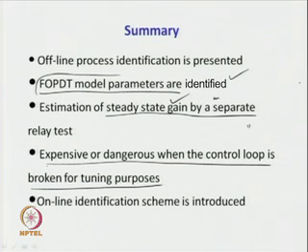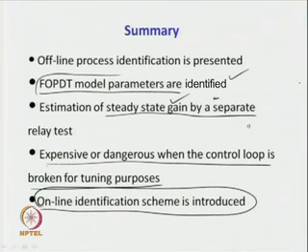Now, coming to the next point, as we have discussed, often it is dangerous and expensive to break the closed loop operation for the sake of tuning of controllers, and to overcome that we have introduced online identification schemes. Online identification schemes can be of different types. One such scheme has been introduced.